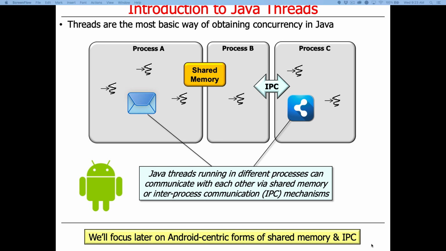You can use things like sockets and other means of IPC. Shared memory is something that's not as widely provided in vanilla Java, but you can get it with other frameworks that extend Java. So Android, for example, has a shared memory mechanism. Android also has other IPC mechanisms as well. And we'll talk about those Android-centric forms of shared memory and inter-process communication later in the course.